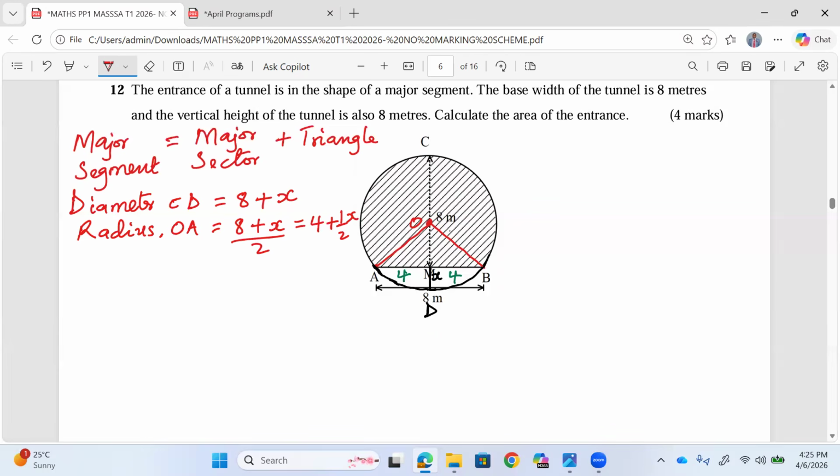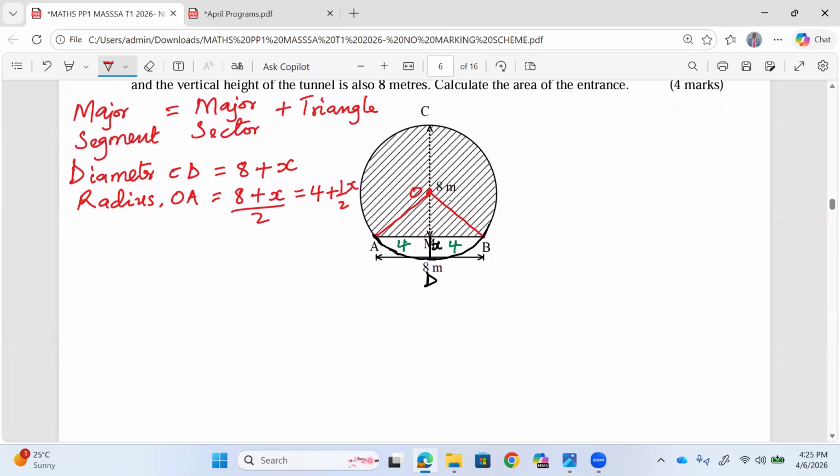So we have the radius. Now, if the radius is known, can we come up with the length from the center to point M, because this is right anchored?